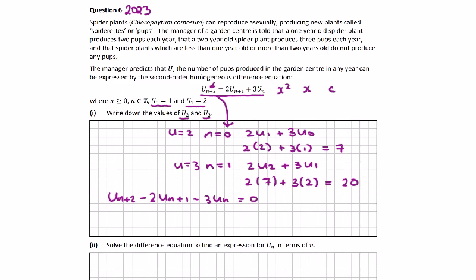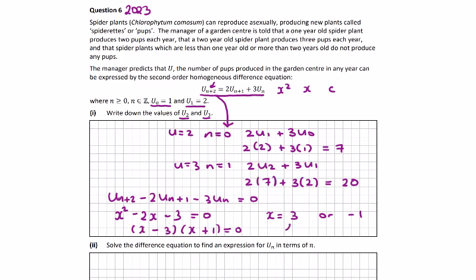This becomes my characteristic equation, x squared minus 2x minus 3. And if we solve this, we're going to get x minus 3 by x plus 1 factors to give x being 3 or minus 1.